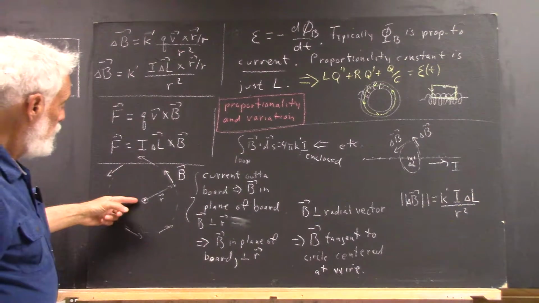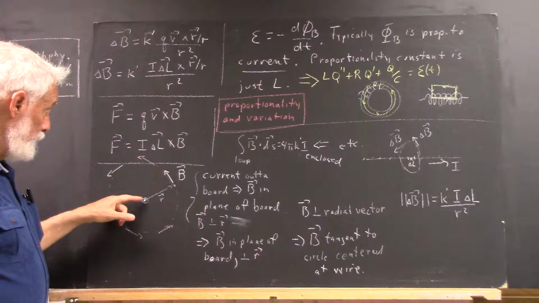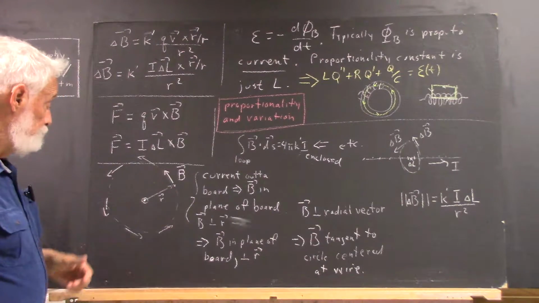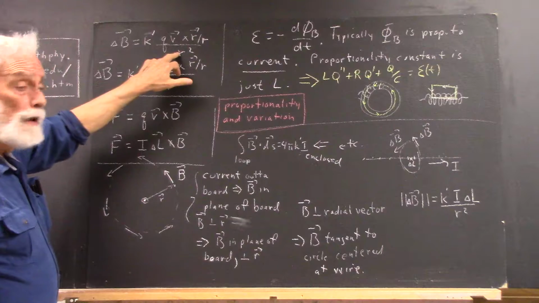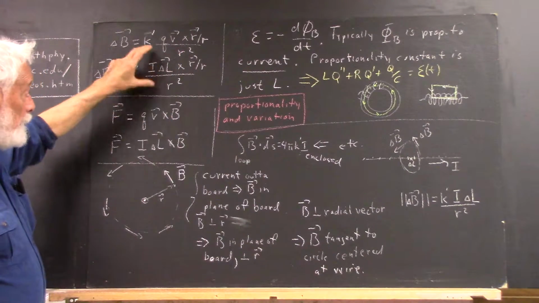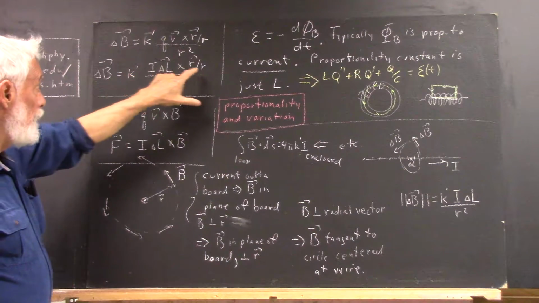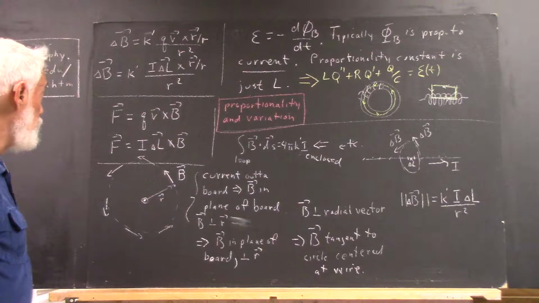If we have a current coming out of the blackboard, indicated by this little bullseye here, then according to this law, the cross product of two vectors has to be perpendicular to both of the vectors.